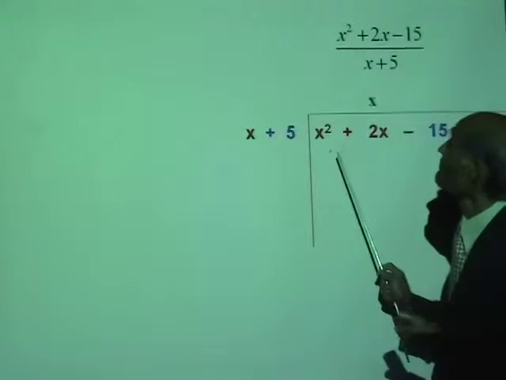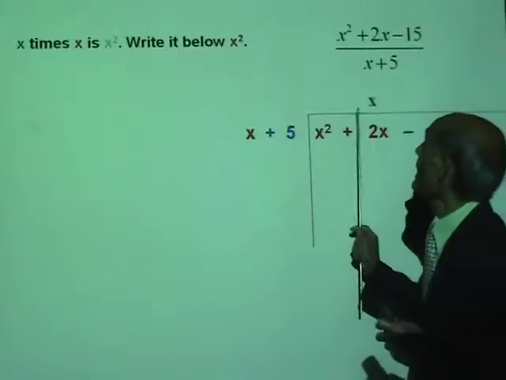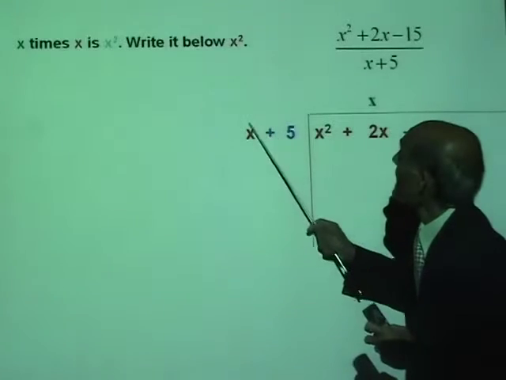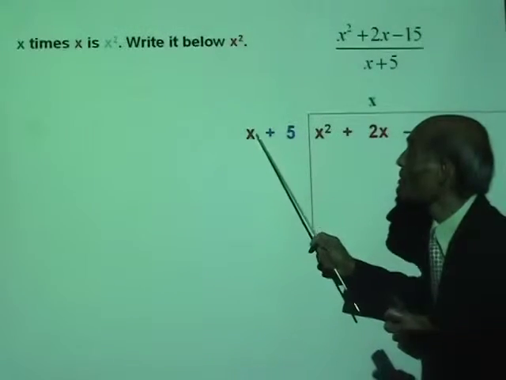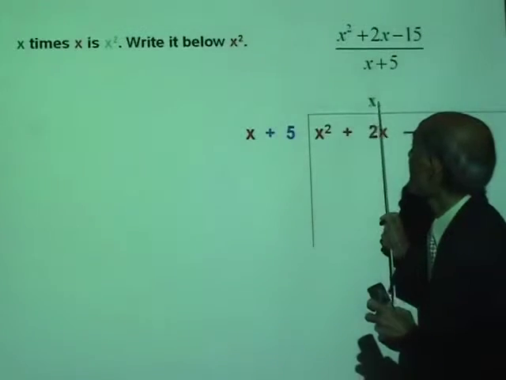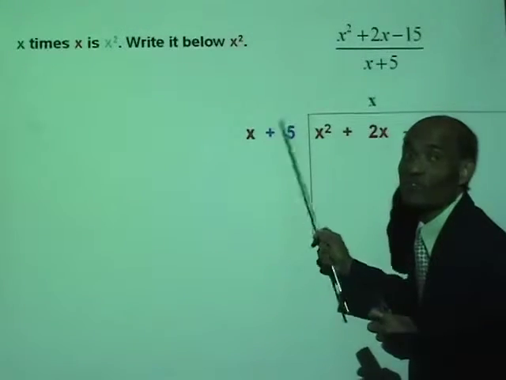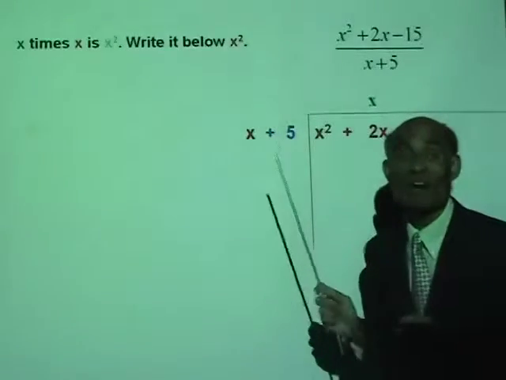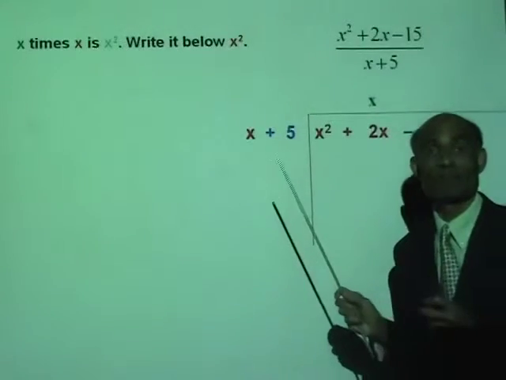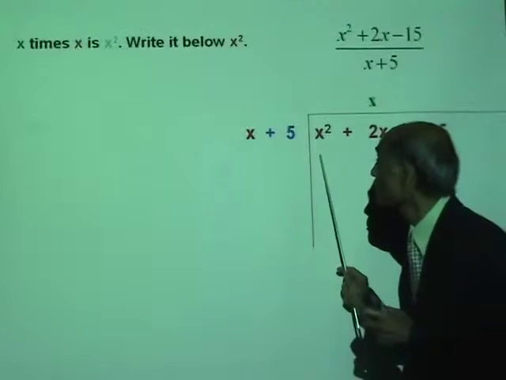For example, how do you multiply this x with each of the terms here? First multiply this x with that x. X times x is x squared. Where will I write that x squared? I will write it below this x squared.